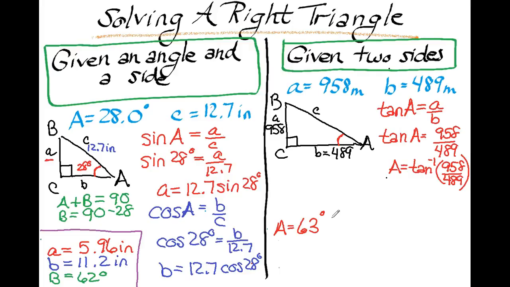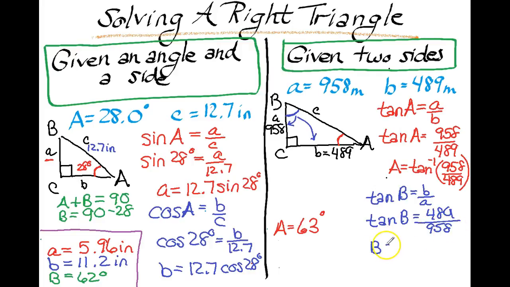Okay, so now let's go ahead and solve for angle B. With respect to angle B here, we know the tangent of B is going to be the opposite of B over adjacent. So the tangent of B is going to be little b over a. If we fill in the values that we have, little b is 489 over 958.